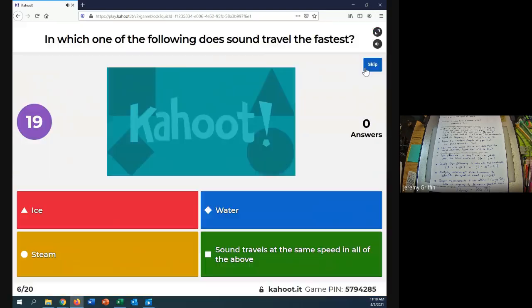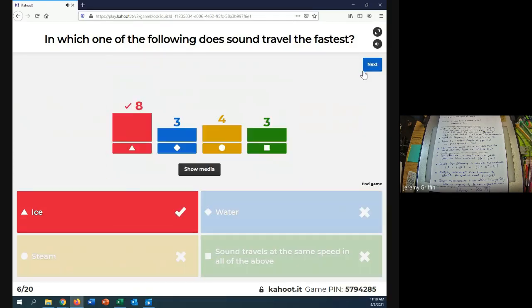Where does sound travel the fastest out of these options? All right, so the general rule is sound does travel faster through solids and liquids, and faster through liquids than through gases.